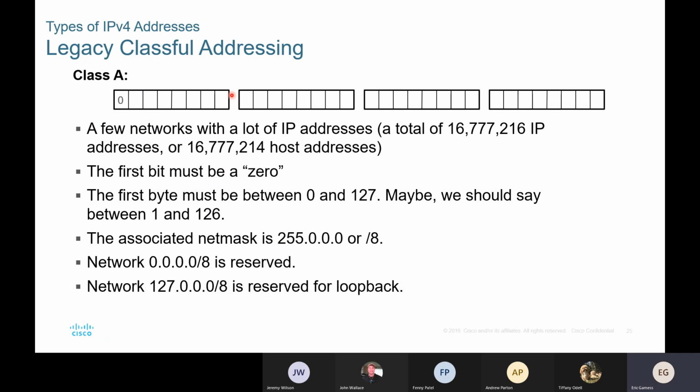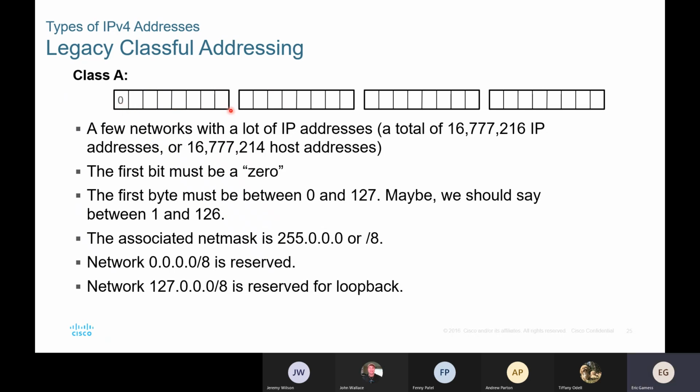So if the separation is here, how many different networks can I create in a class A? So look, this bit, I cannot change it. It has to be 0.